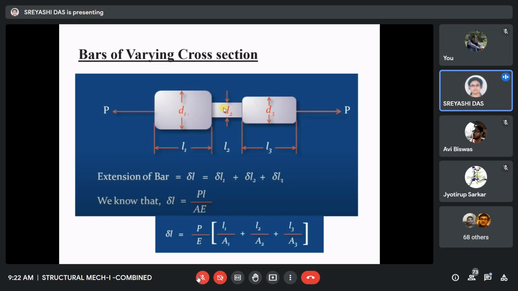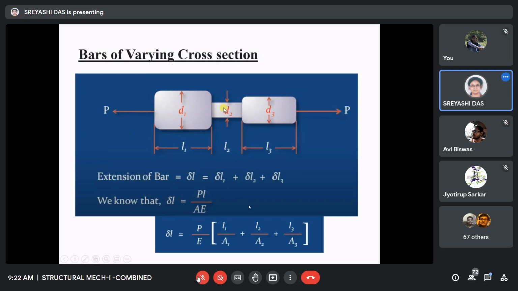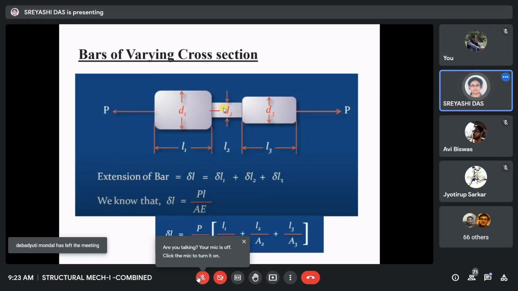So now again, if you draw the free body diagram here, you will see, for this case, this is the free body diagram of the first part, because the left part is subjected to the load P1. So if this is P1, obviously here will be P1.